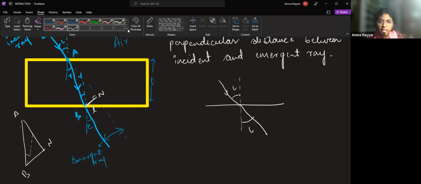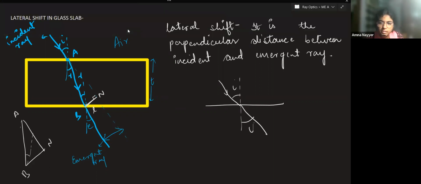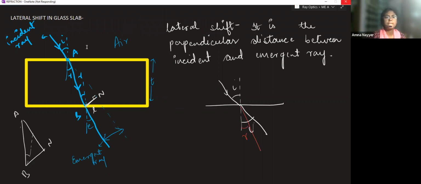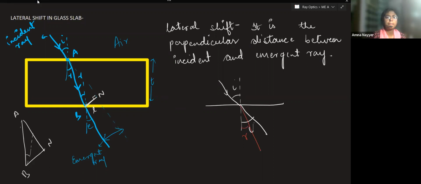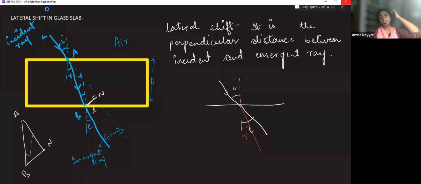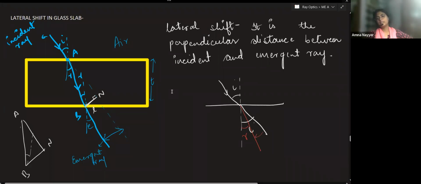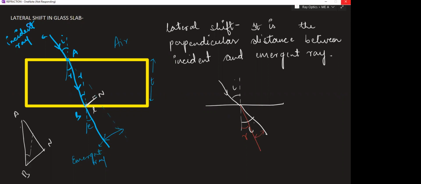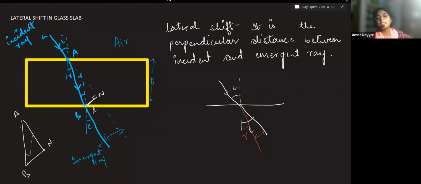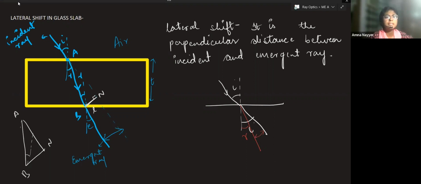Now a refracted ray exists here, and this angle is the angle of refraction. So how much will be this part? Can anyone answer? Incident angle minus refracted angle. Yes, right.